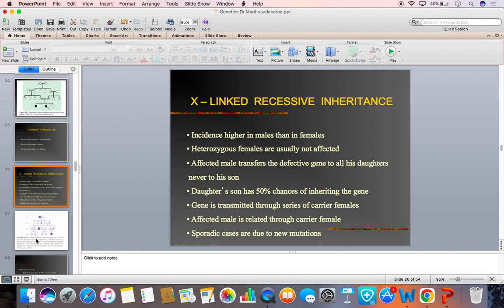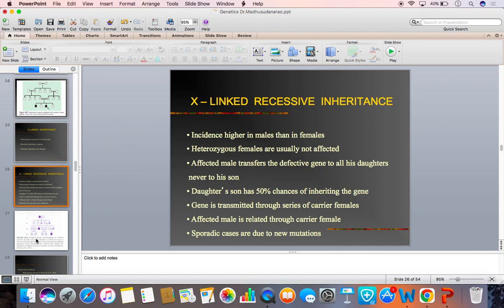Incidence is higher in males than in females because with a diseased X chromosome, there is no similar gene allele to compensate the abnormal phenotype of the abnormal gene located on the X chromosome.